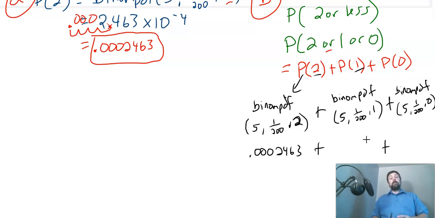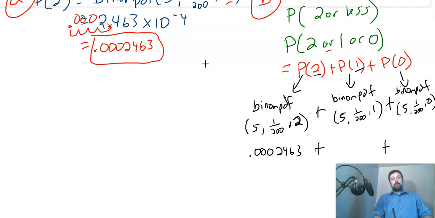Then you have to do 7 and 6 and 5 and 4 and 3 and 2 and 1 and 0. You'd have to do 8 binomial PDFs to calculate the 8 different probabilities and then add those 8 numbers up together. It can get really tedious, but if that's what makes sense and you're comfortable doing it that way, then that's fine. You can do it like that, right?